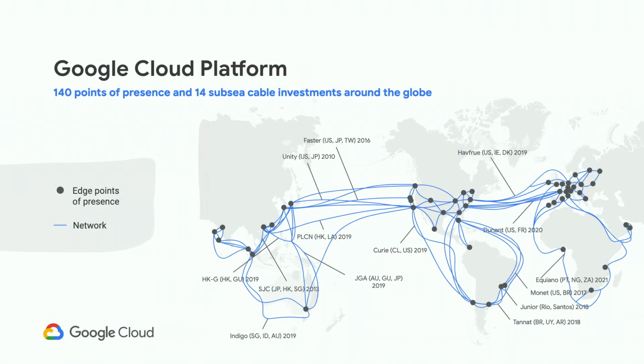All right, so how do we support all those things? Even just Google itself, how are we able to support everything here? It's because we have huge infrastructure, which is really something under the scene. We have 140 points of presence, which are network access points. And you can see there we have 14 subsea cables, which are direct investments from Google. And that's amazing because this is the map that you can see.